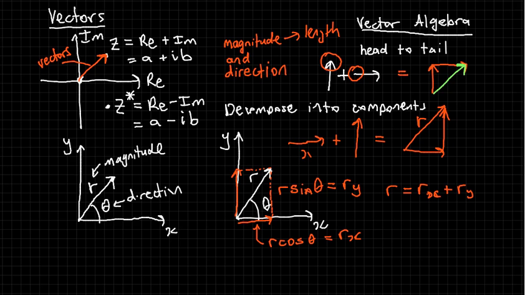The other thing we can do is introduce something called the unit vector. And the unit vector is something that has a length of 1, and it goes along the x and the y axis. So along the x-axis we're going to introduce something called the unit vector, and usually that's denoted with the symbol i hat, and along the y-axis you've got j hat.